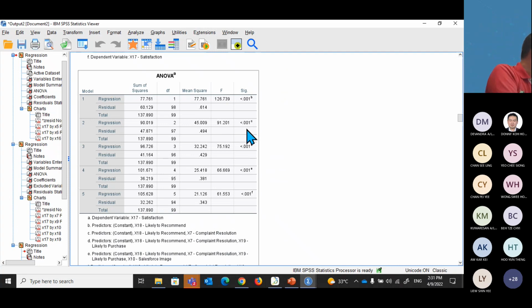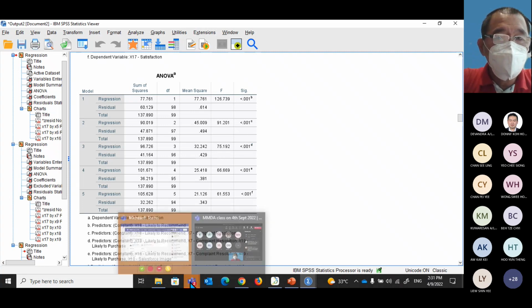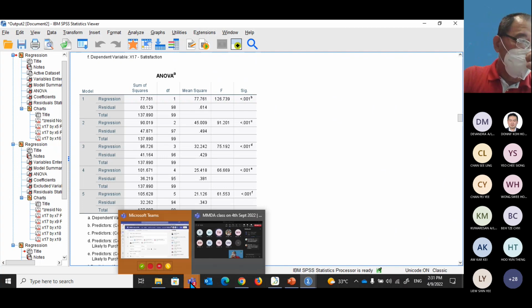So can I say the best one is stepwise, compared to forward and backward? You can say so. Maybe the advantage of stepwise is that it is more time-saving, since it keeps on adding.